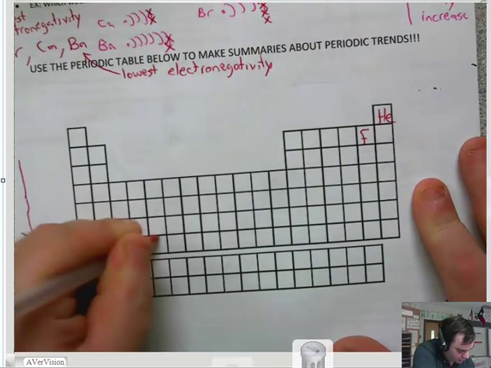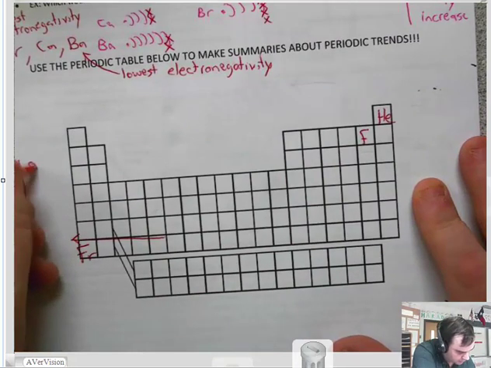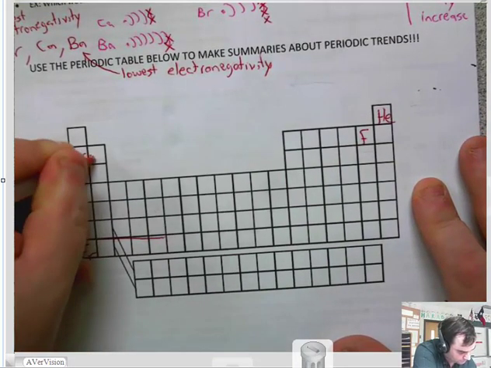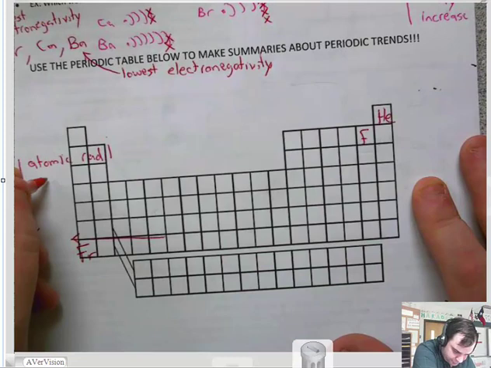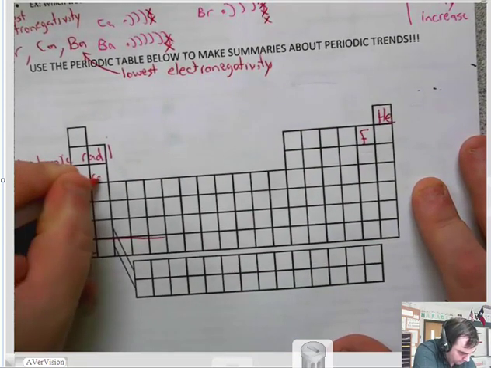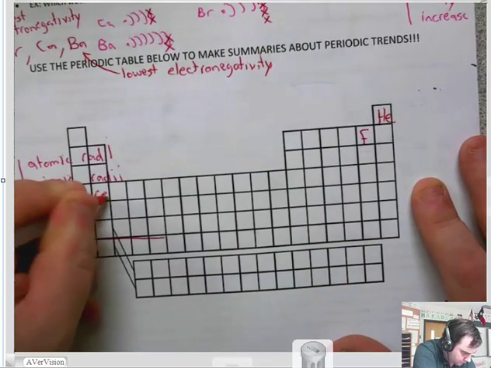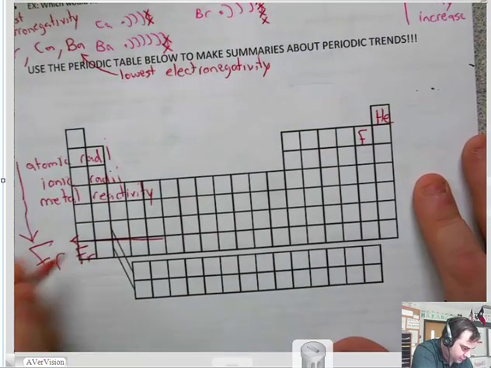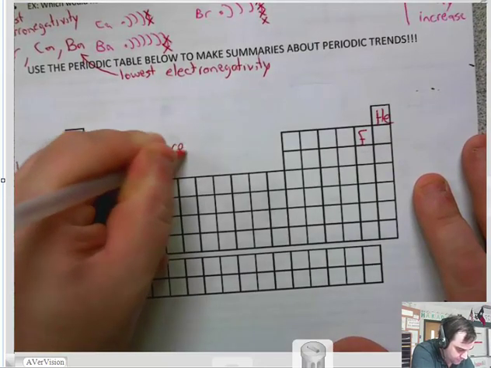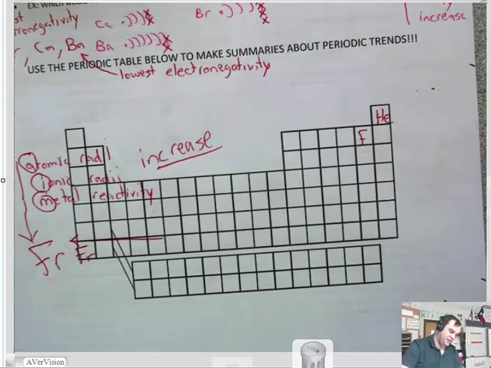If we're going down and right to left towards francium here, atomic radii, ionic radii, and metal reactivity increase towards francium. I always say aim for francium because of atomic radii, ionic radii, and metal reactivity. Okay?